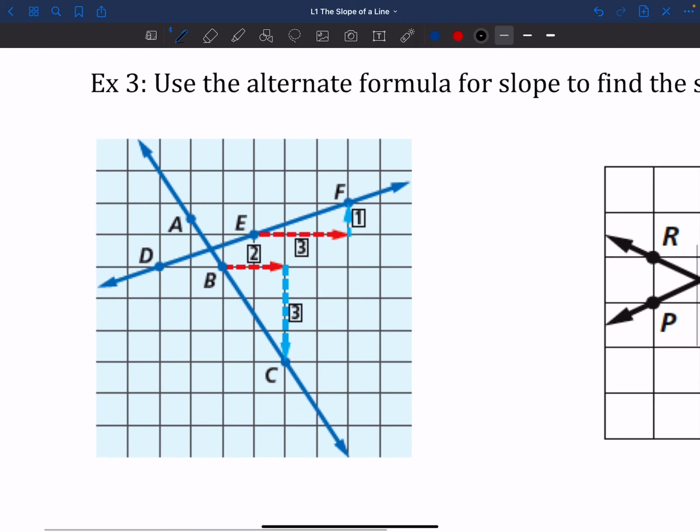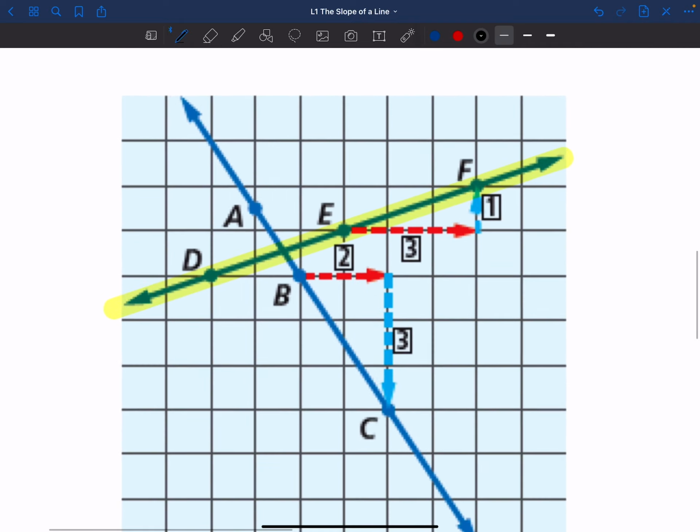We want to figure out the slopes of these lines. So let's focus on one at a time. Let's give this one a shot. To figure out the slope of this one, I need to find 2 good points to work with. What I mean by 2 good points is that we don't want to choose, for example, this point over here, because it's going to be hard to count from.